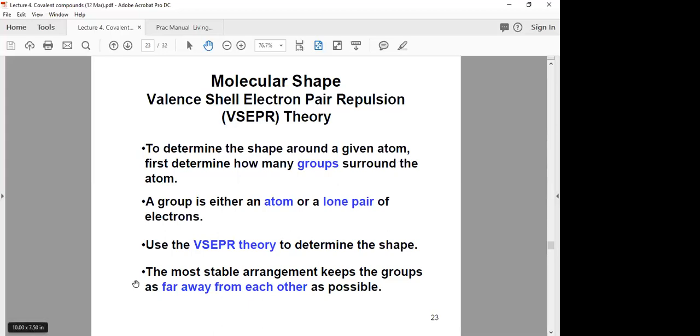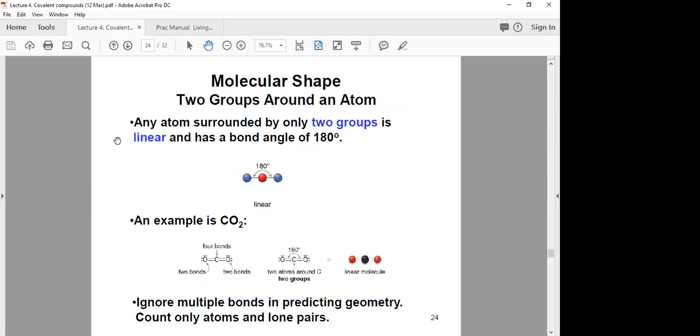As we just said, the most stable arrangement for a given molecule will keep those groups as far away from each other as possible, remembering that like charges will repel each other, and hence why those negatively charged electrons try to stay as far away as possible from each other.